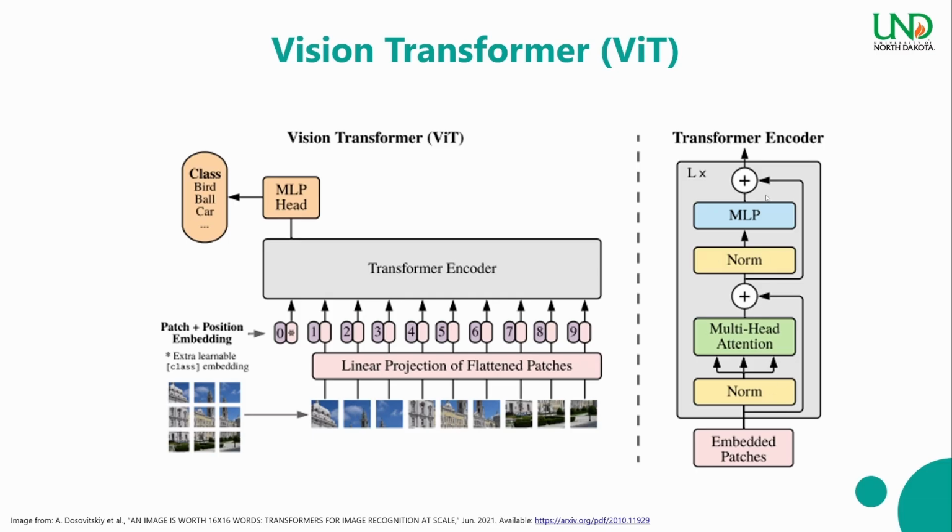Then we normalize it again, and then the multi-layer perceptron, and then it comes out. Each step is passing forward the information from the previous phase, so that it's stacking the predictions.